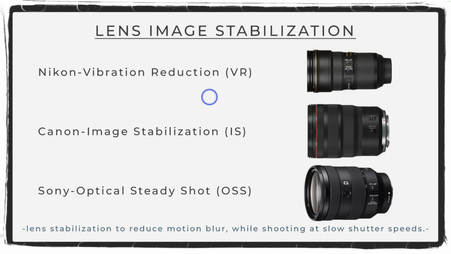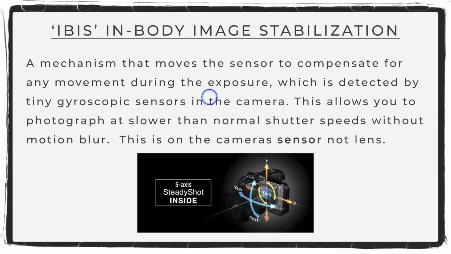Now, we also have something called IBIS. IBIS is in-body image stabilization. And from my knowledge, I think only mirrorless cameras have this at this point, and not all cameras have it. And most likely, if you have a basic camera, it is not going to have this. But what this does is a gyroscope on the sensor. And really, this was designed for shooting video. It does come into effect using still photos.